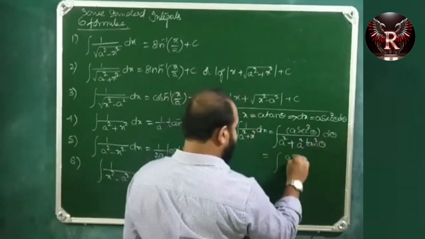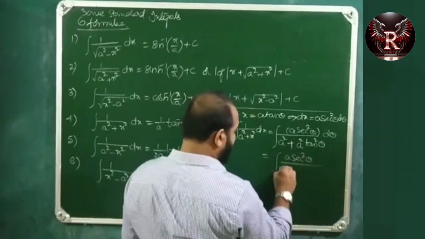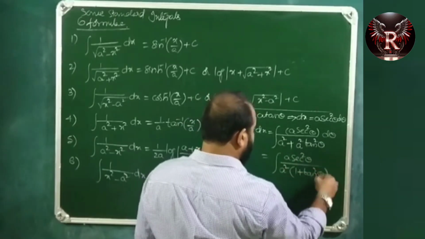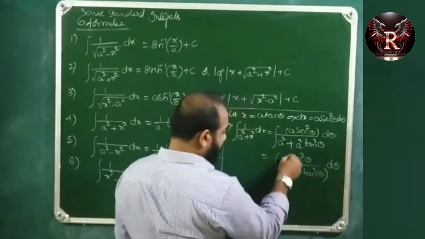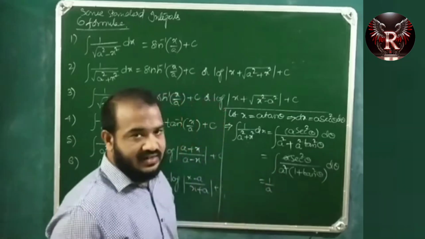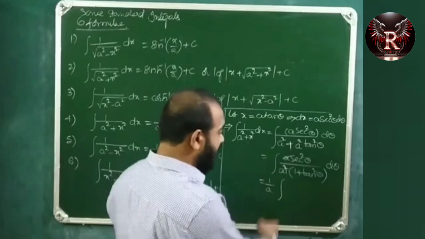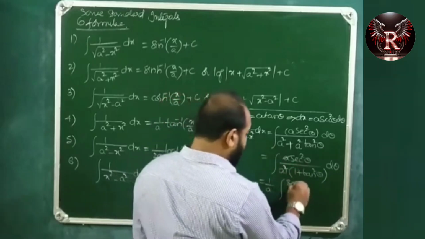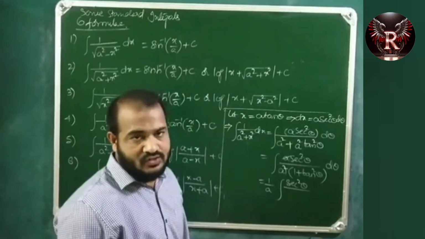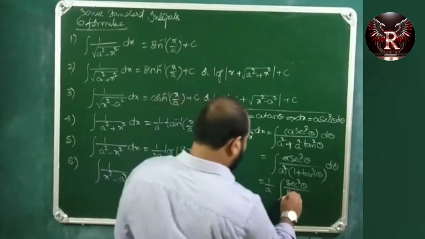So this is a secant square theta by, taking a square in common, 1 plus tan square theta d theta. So 1 plus tan square theta is secant square theta.